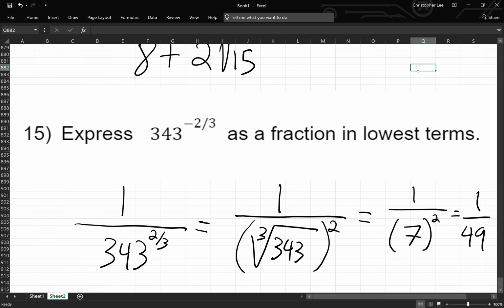Now in your calculator, just do the cube root of 343. Really? Let me see. I'm going to do it in Excel. Let me see if I get it. All right, so we got 343 raised to the 1 divided by 3 power. I got 7.